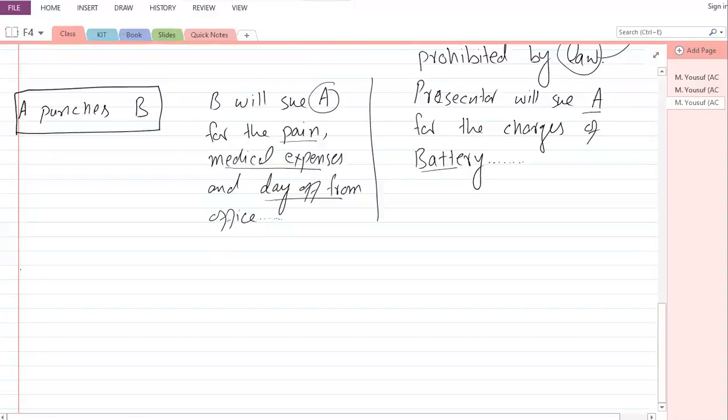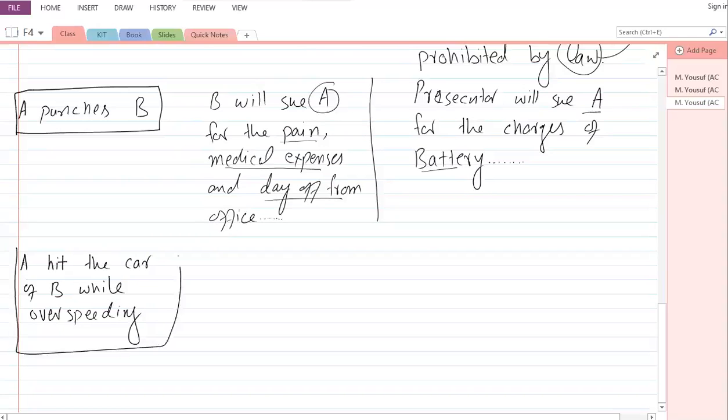If A hit the car of B while overspeeding, so what will happen?